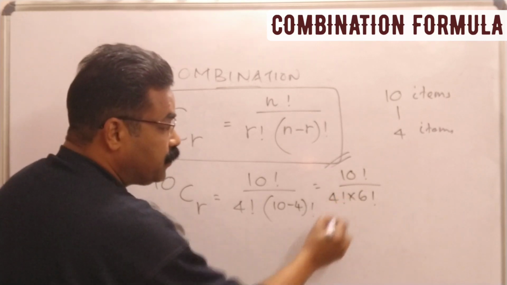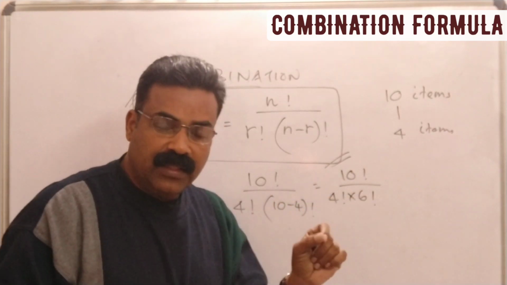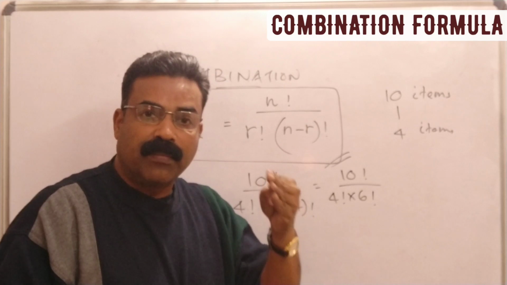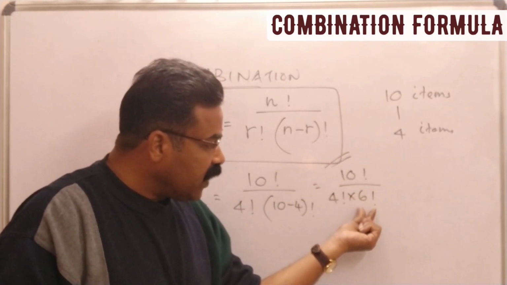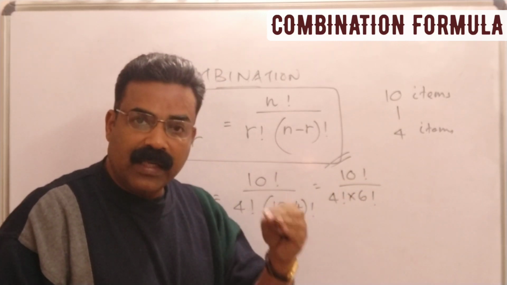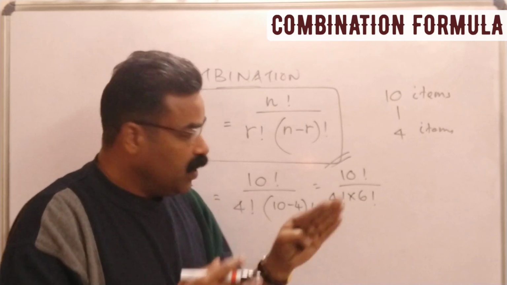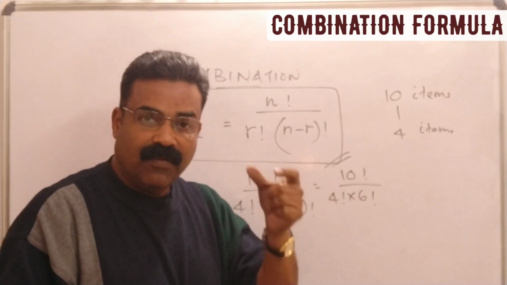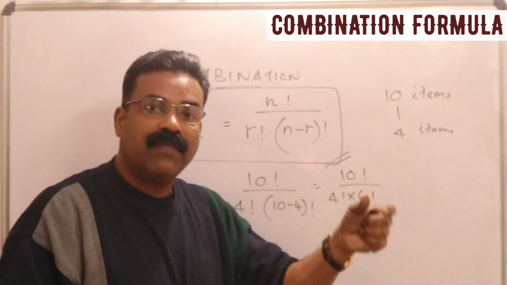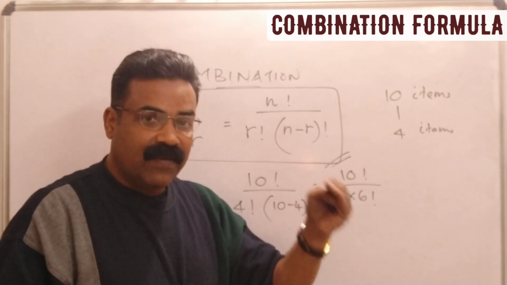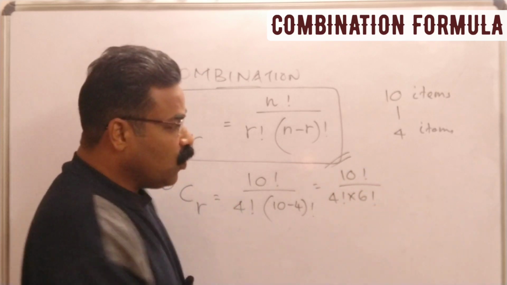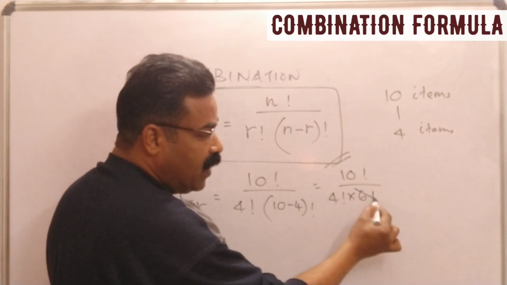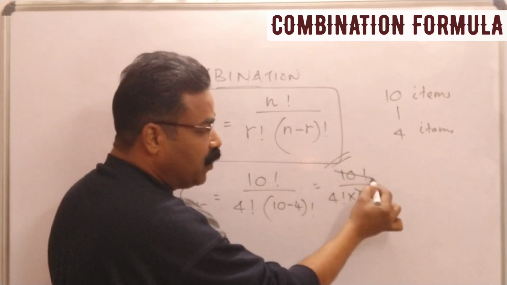Now you see, 10 factorial means numbers multiplying from 1 to 10. 6 factorial means numbers multiplying from 1 to 6. So in 10 factorial, the first 6 numbers will be what? 6 factorial: 1 into 2 into 3 into 4 into 5 into 6. After that 7 into 8 into 9 into 10. So what I am doing, the 6 factorial I can cut with the 10 factorial.